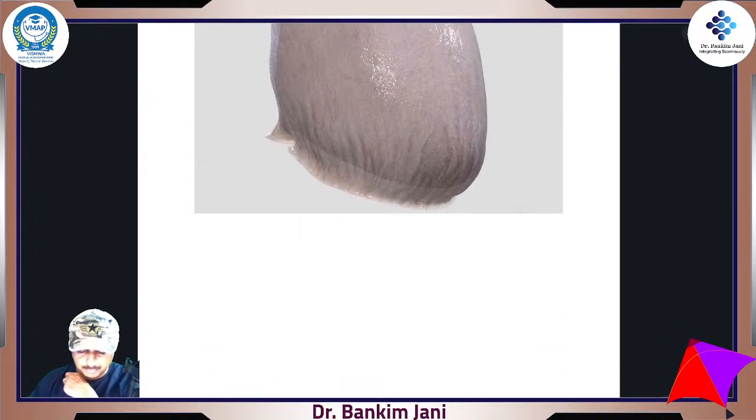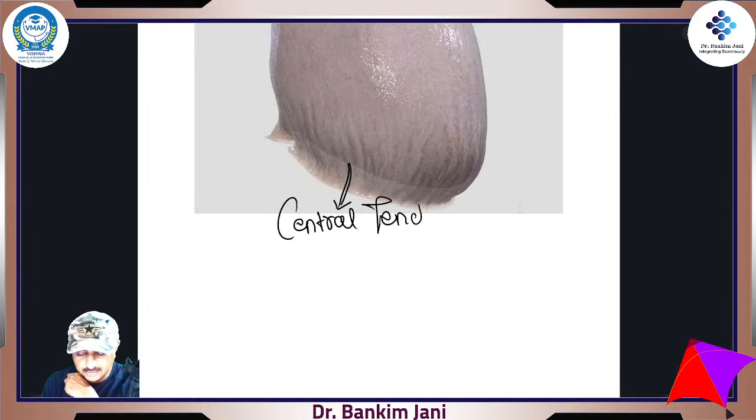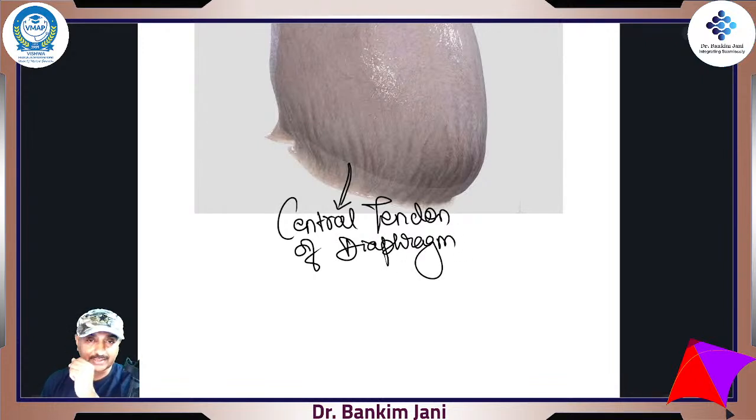If we go below, over here, it is attached to what is called the central tendon of the diaphragm. In the diaphragm, we saw that it was a central tendon.